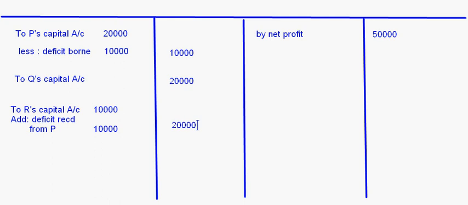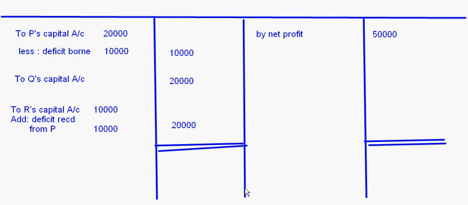So the total of both the sides here they tally. This is 50,000 and 50,000 here. Fine. So this is how we do it when only one of the partners is bearing the whole deficit, right?